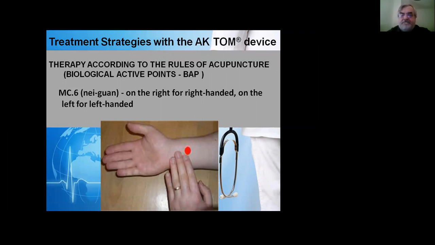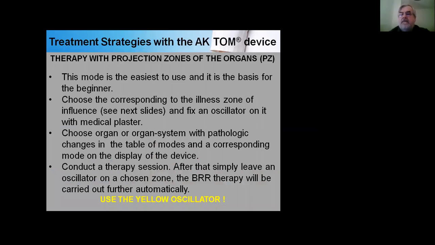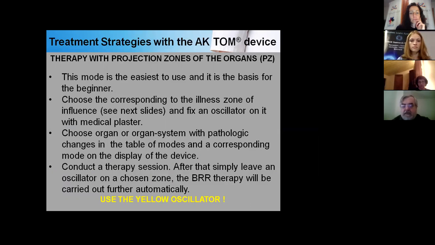So to lower the physiological stress, you can act to this point MC6, which I told you already is influencing the autonomous nervous systems and balancing the physiological stress in the body. It's helpful to act to this point with program 1, 5 minutes, because later on you must have time to act with other points, and the general time per day should be not more than 30 minutes.